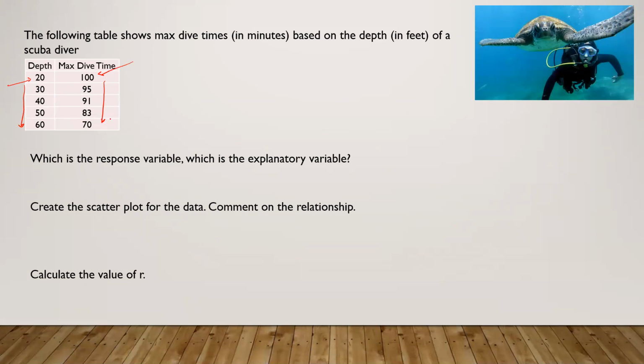So the variables are moving in opposite directions. And that makes sense, right? Like water pressure, things like that. You just can't stay underwater for as long. Okay, so we have this table. Here's the first question. We want to do basically this whole thing of linear regression.